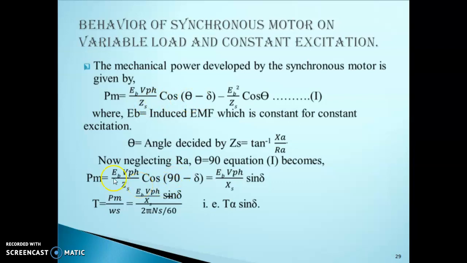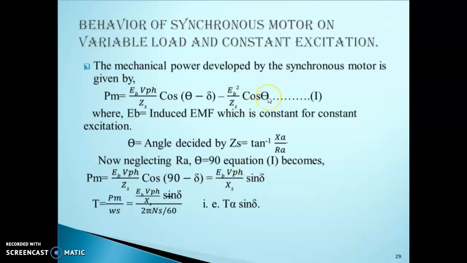So our equation will become Eb Vph upon Zs cos of, now here in place of Zs we will have Xs, so cos of (90 minus delta), which equals Eb Vph upon Xs into sin delta.